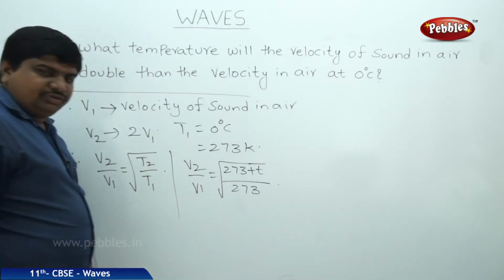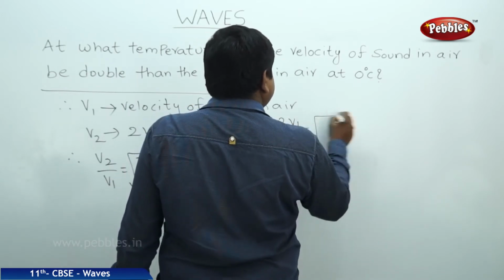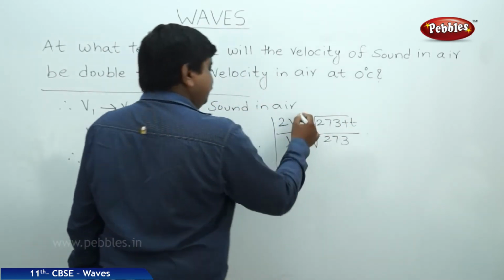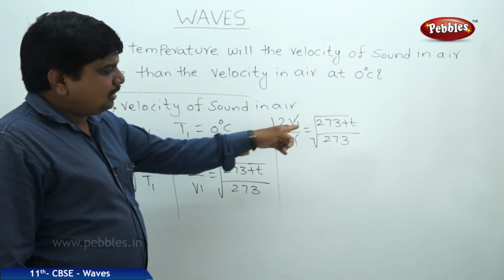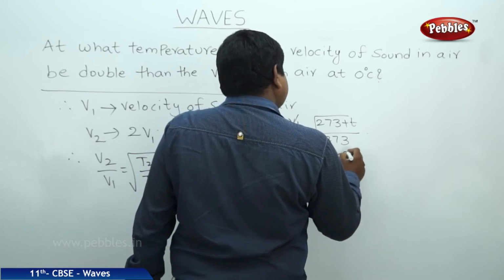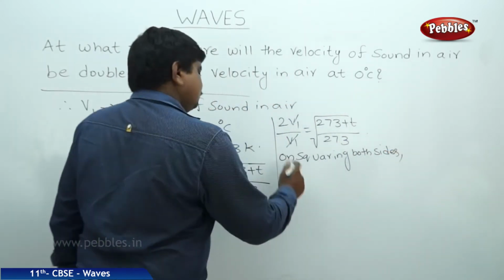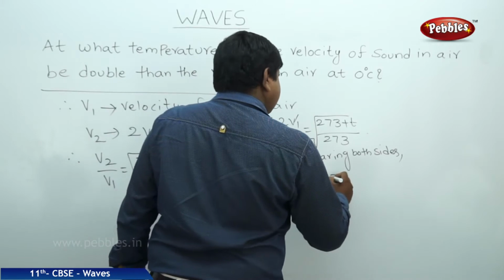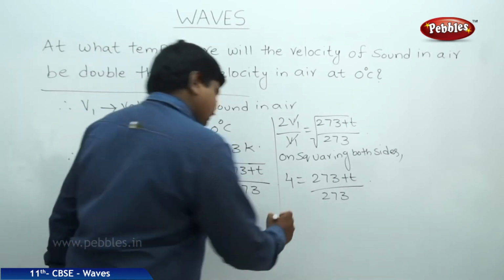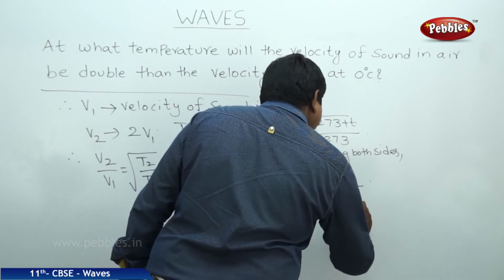We know that V2 is equal to 2V1. Therefore, 2V1 by V1 is equal to square root of (273 plus T) by 273. V1 and V1 get cancelled. On squaring both sides, 2 squared, 4, is equal to (273 plus T) by 273. So 273 plus T is equal to 4 into 273.